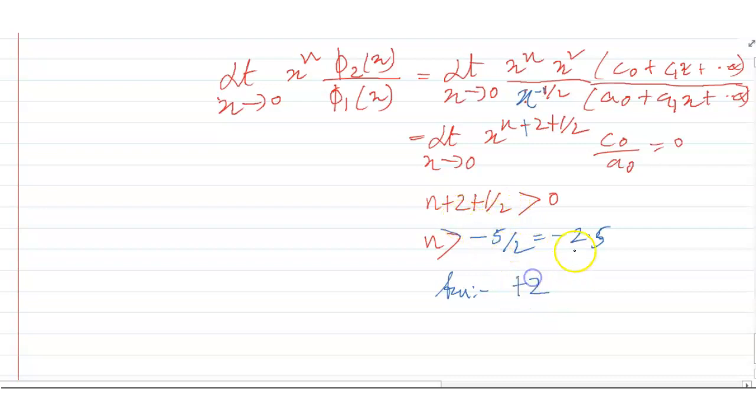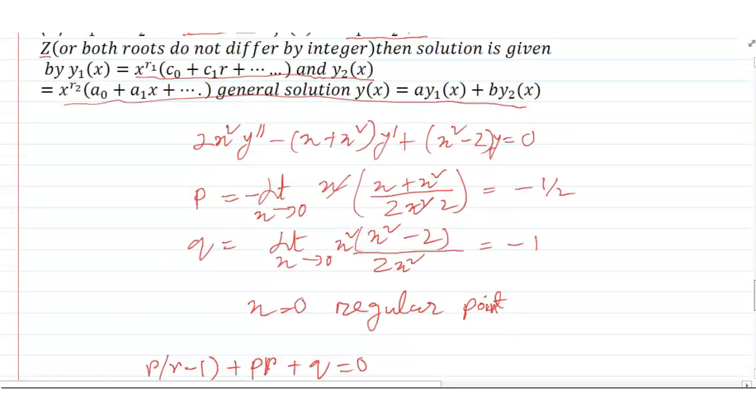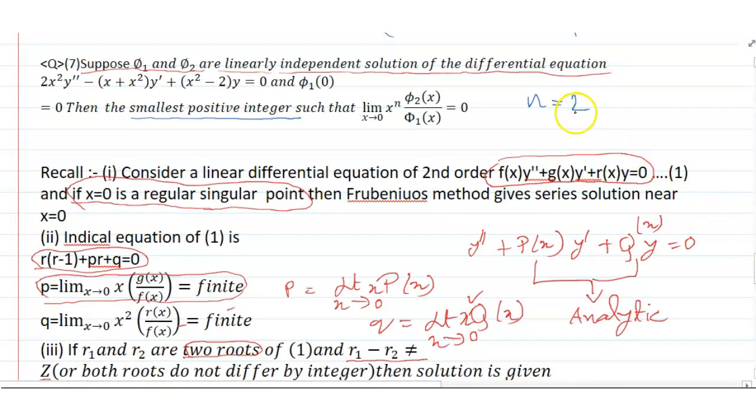If I change the values, it is minus 2 or plus 2, no problem. The value is 2.5, meaning 2, so the value is 3. 3 is my answer. The smallest positive integer here: n equals to 3.